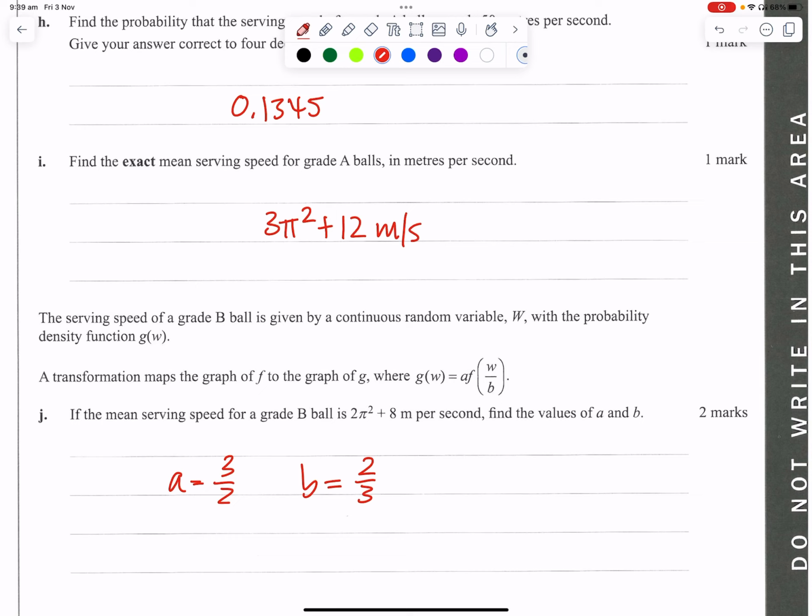Just trying to think if there's an easier way to work it out. They're both 3 on 2.